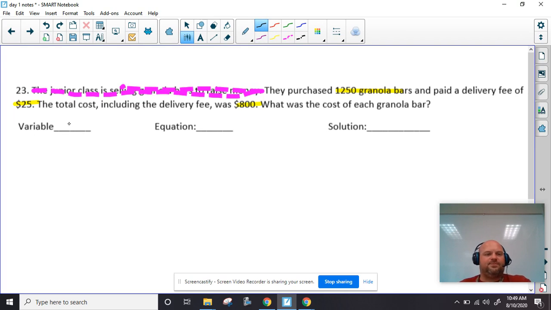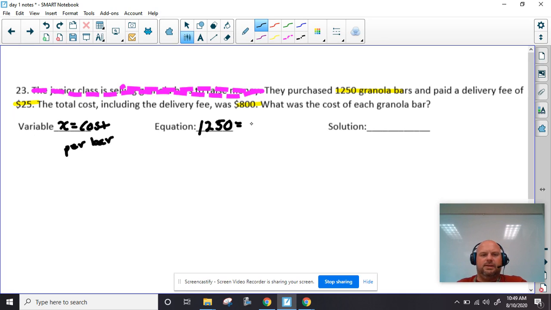All right. So we're going to say X is cost per bar. I'm not going to spell out granola because you wouldn't do it either. So we need to know, well, this is how many they had, right?